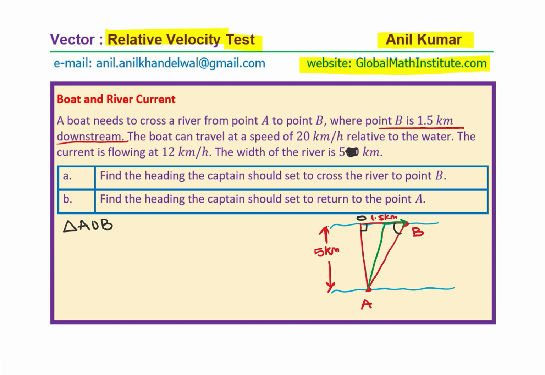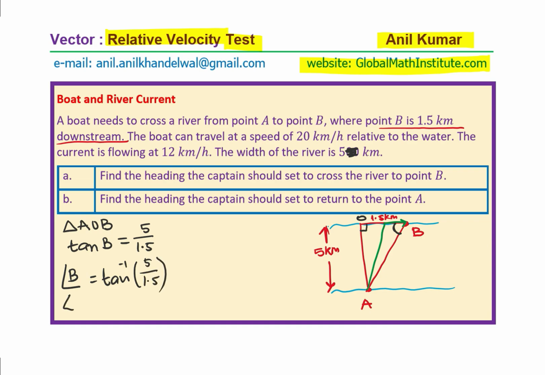So this angle at B will be what? Opposite and adjacent sides are given to us, so we can use the tan ratio, right? So tan of B is equal to 5 over 1.5, and that gives you the angle B as equal to tan inverse of 5 over 1.5.